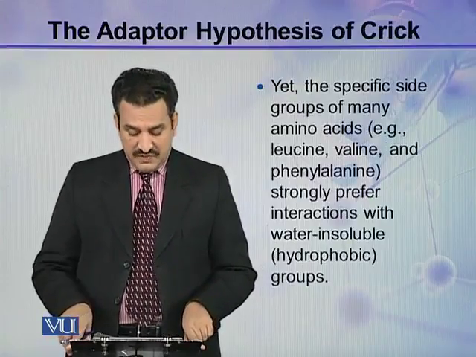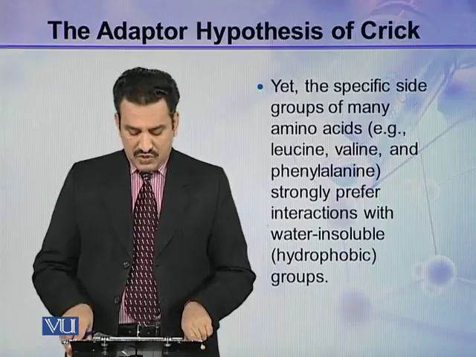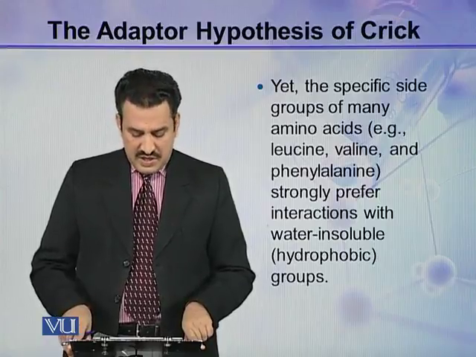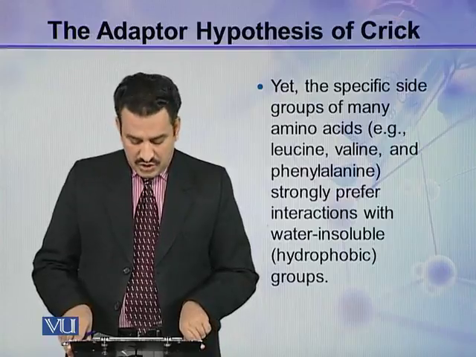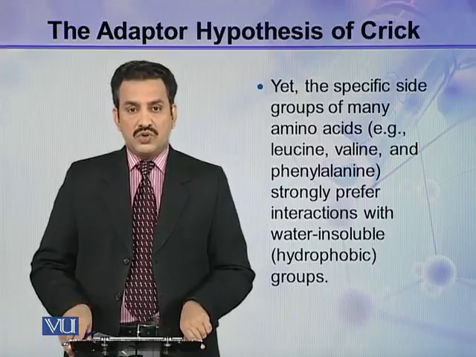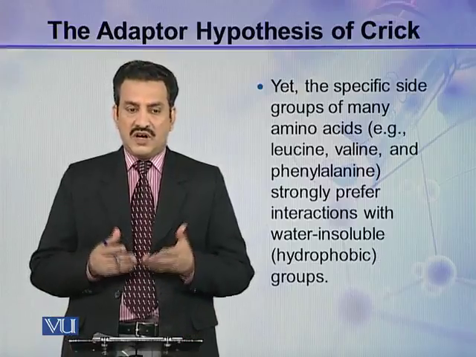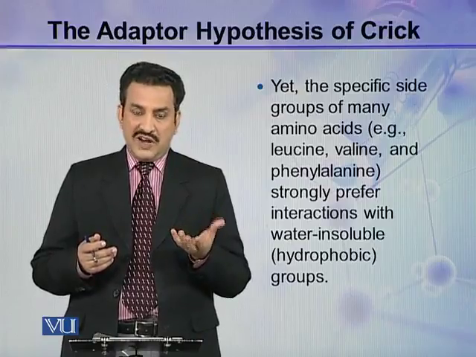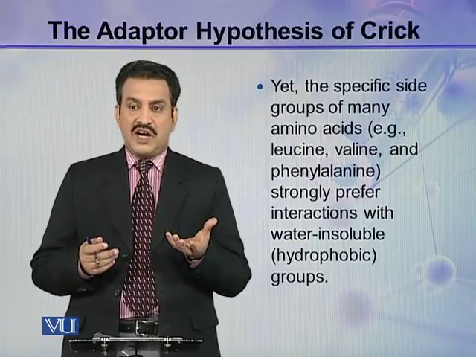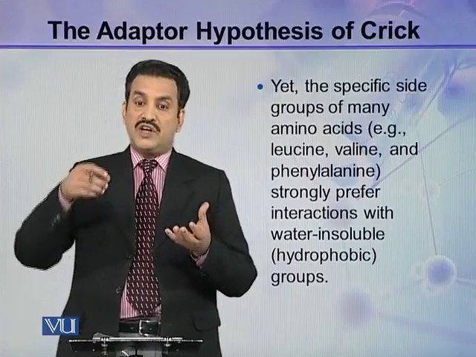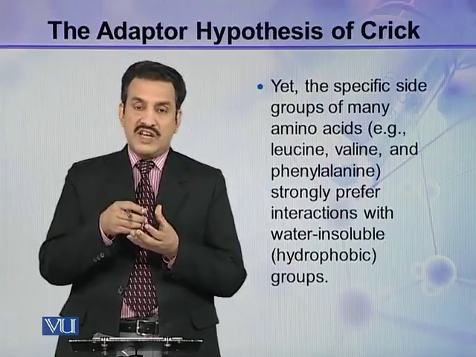Yet the specific side groups of many amino acids like leucine, valine, phenylalanine strongly prefer interactions with water-insoluble or hydrophobic groups. So the first question was how the nitrogenous bases, which love to interact with hydrophilic groups, can interact with hydrophobic groups. So it can never happen.